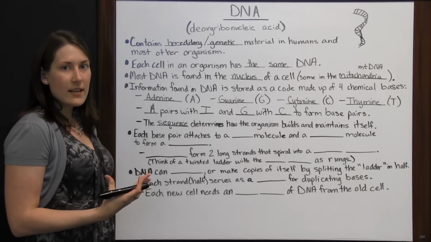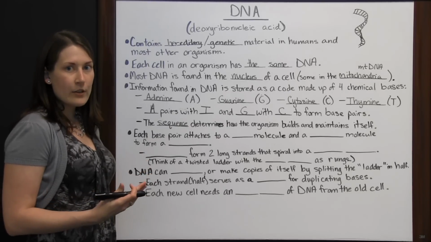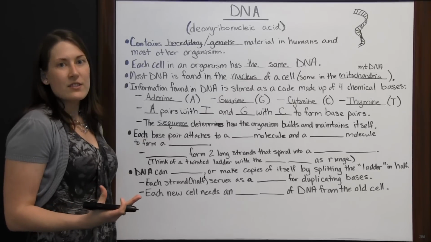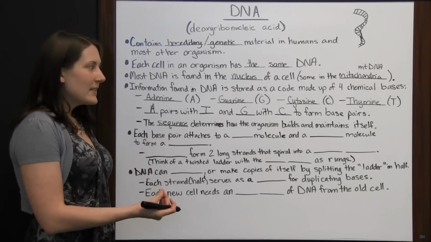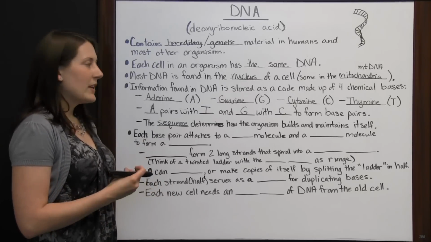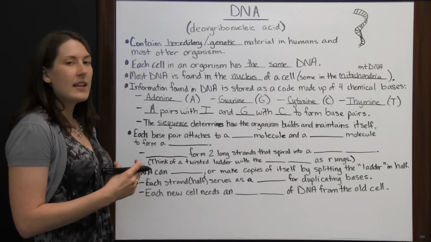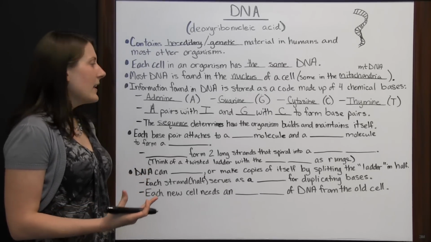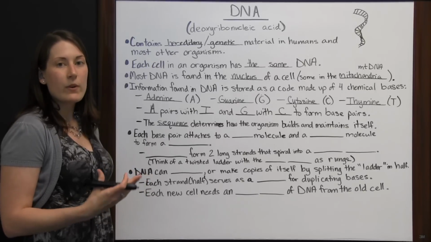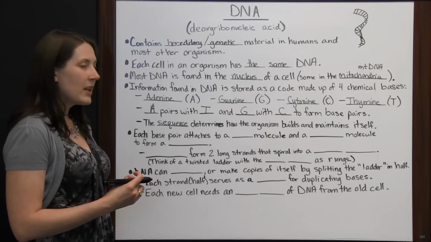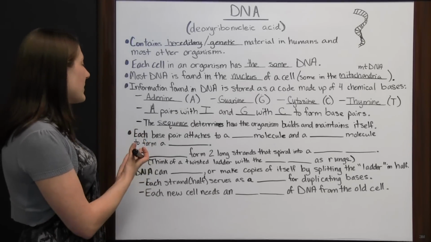We use 26 letters to form all of our words and sentences, but the way that they're arranged, the sequence of those letters, is what lets us know what word is being communicated, what sentence is trying to be communicated. And each word has a different meaning, even though it's made up of the same 26 letters or some subset of those letters. So it works the same way.